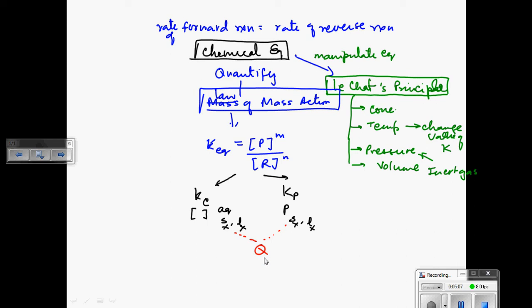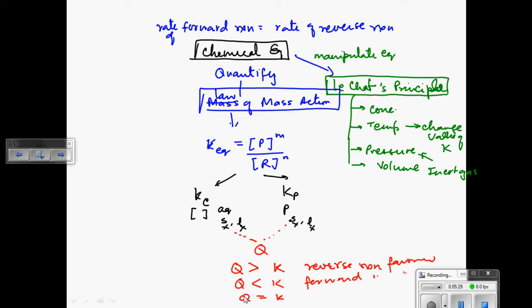And the comparison between Q and K is, if Q is greater than K, then reverse reaction is favored. If Q is less than K, then forward reaction is favored, and if Q is equal to K, then the system is at equilibrium.